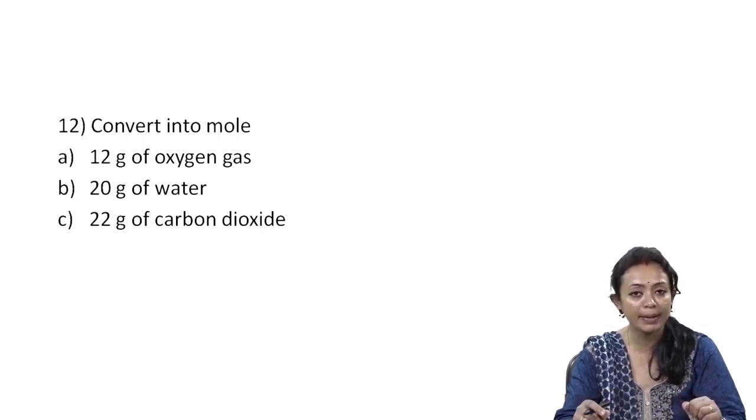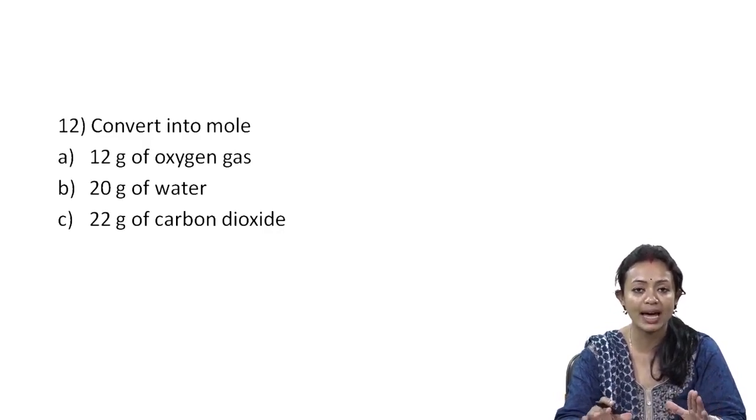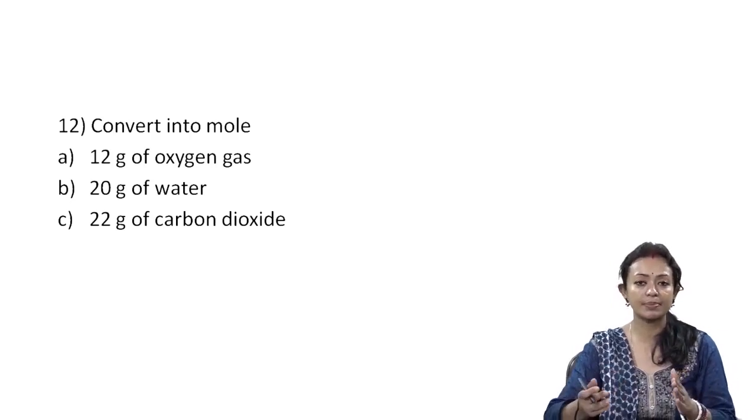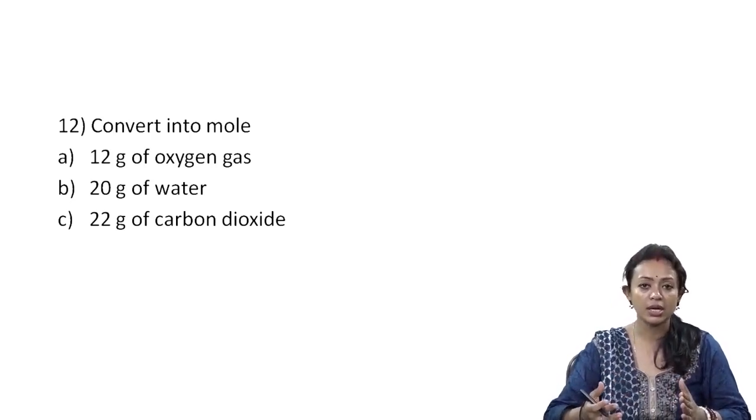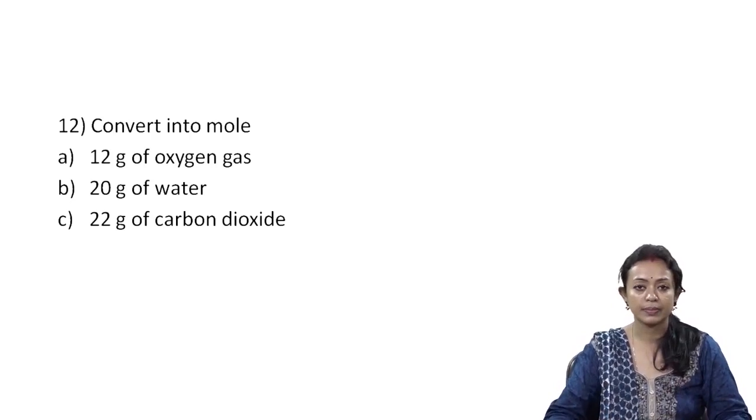And once we know the chemical formula, we can find out the molecular mass of that compound by writing down the atomic mass of each of the individual atoms of the element that is present. Alright, so I suppose all this will give you a clear picture of what atoms and molecules are and how we include this concept in solving numericals through the mole concept.